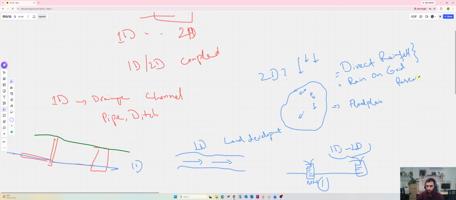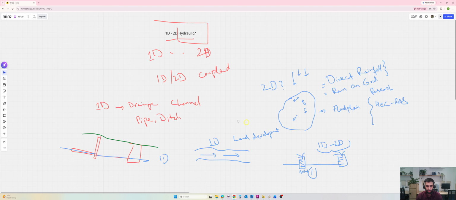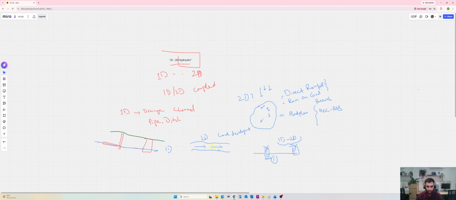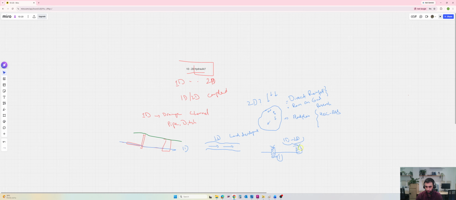So mostly research is done on these models, for example, how there will be risk of flooding, and maybe you have heard of the software name HEC-RAS. So HEC-RAS is basically a rain on grid model. And direct rainfall only shows you if there is a floodplain. I also have a bit of a presentation here, so I hope this clears up some of these basic terminologies for you.